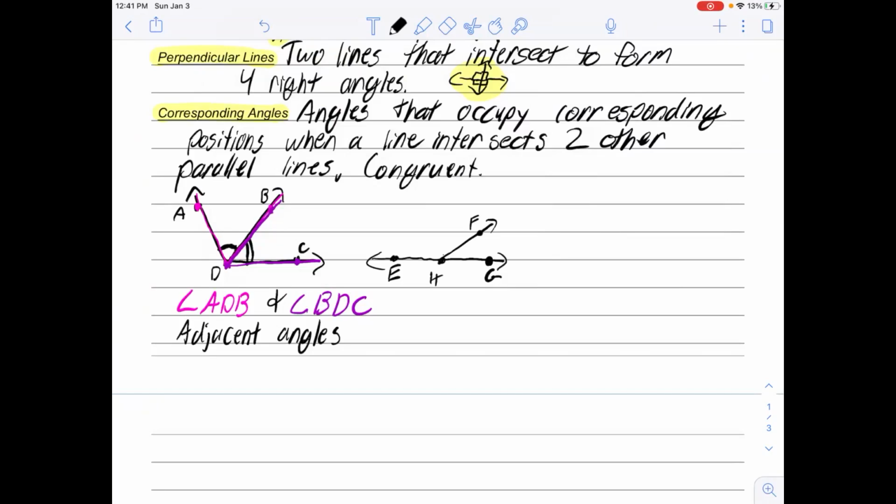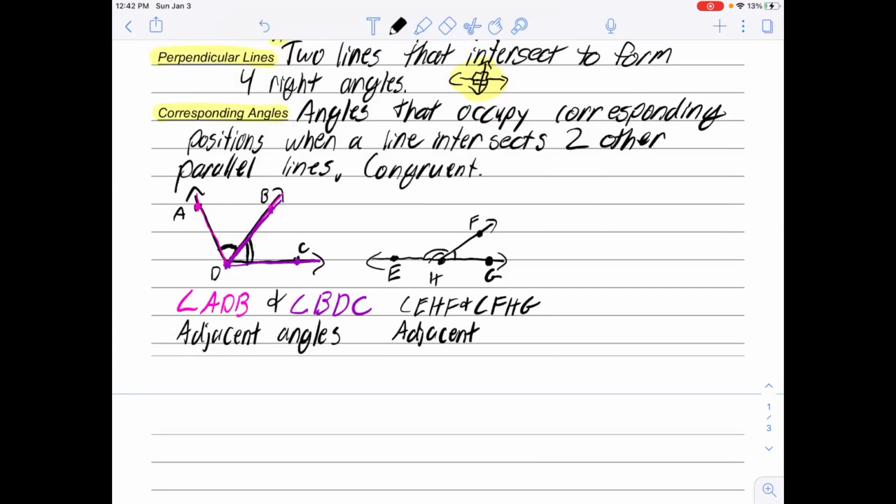So this angle, I'm going to name angle EHF. This angle, I would name angle FHG. Again, I'm just going around the points in order. Those angles are adjacent.